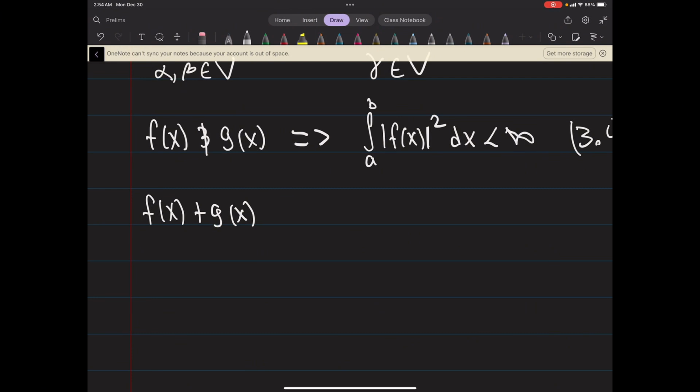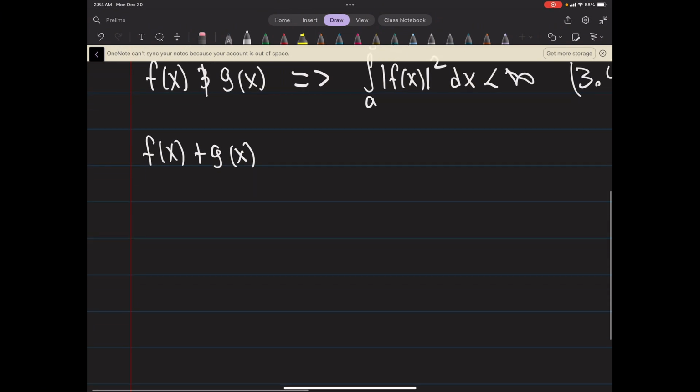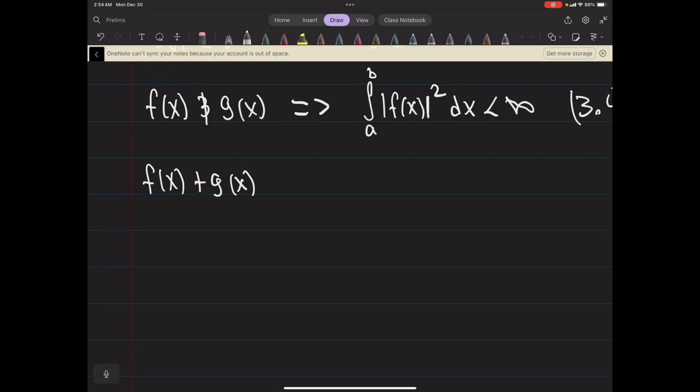So first I'm going to show you a helpful identity. The modulus of x plus y squared. I'm just going to use x plus y, but you can imagine this is f and g.